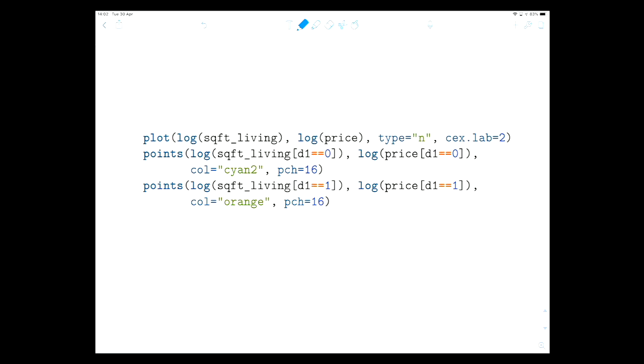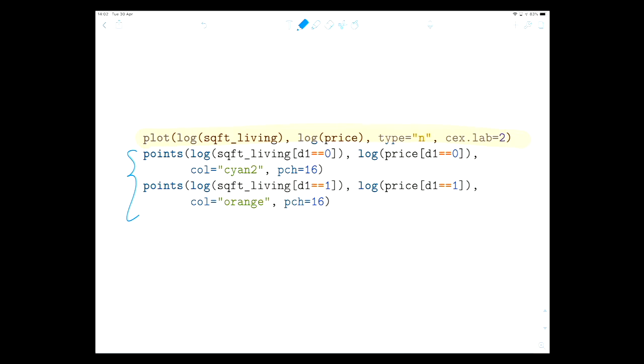So we plot our log of square foot living versus log of price. Living area on the X-axis, log of price on the Y-axis, then add the points. In those two lines at the bottom, what I'm doing is adding points of different color.